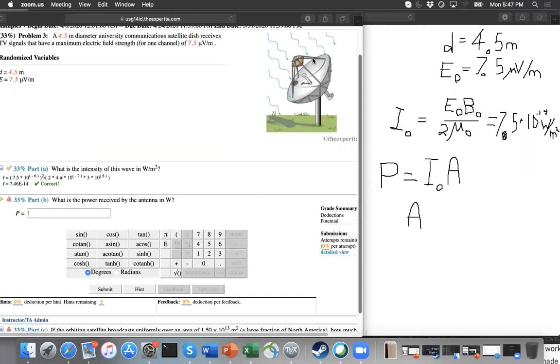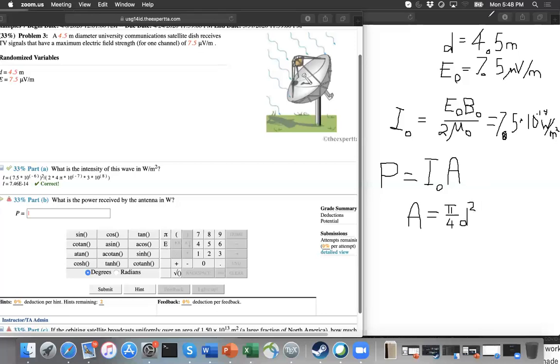We need the area of this radio antenna. Well, it's got a diameter of 4.5 meters. It says right there. So we know the diameter, and there's a relationship between diameter and area. We've talked about that before. It's pi over 4 times the diameter, d squared.